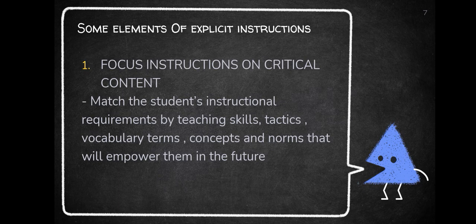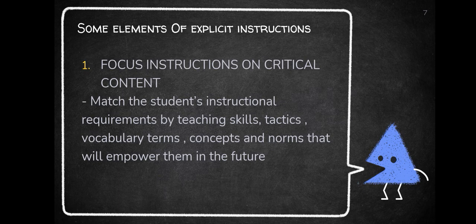Match the students' instructional requirements by teaching skills, tactics, vocabulary terms, concepts, and norms that will empower them in the future. For example, if you're teaching a unit about plants, you wouldn't focus the content on the different types of plants.